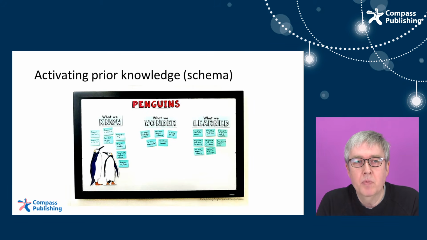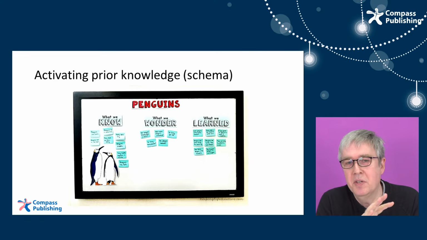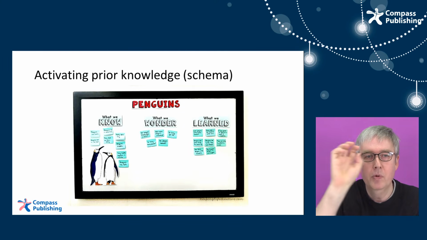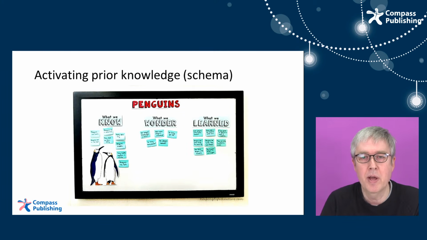Another one is what we call KWL charts. This is taken from a website, and this teacher did a really cool group activity where they put know, wonder, and learned on the board, and then had the students do it cooperatively with Post-it notes.